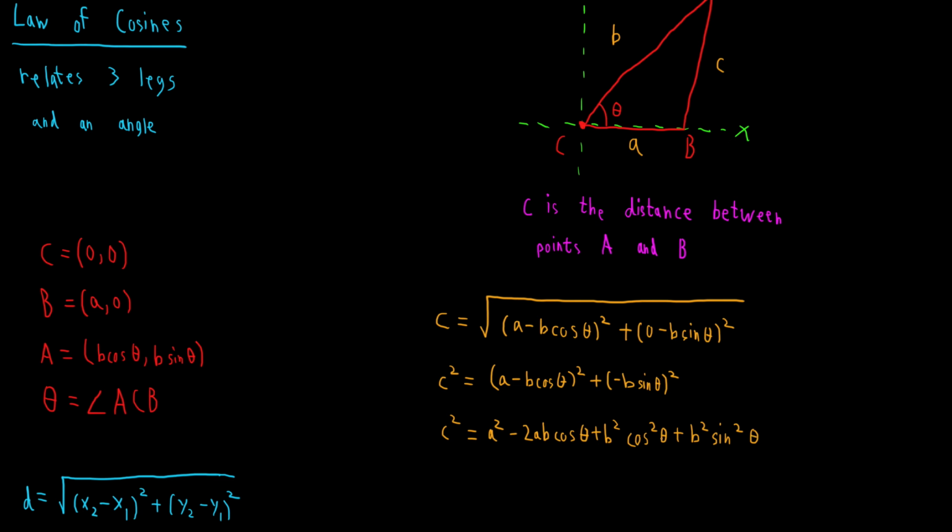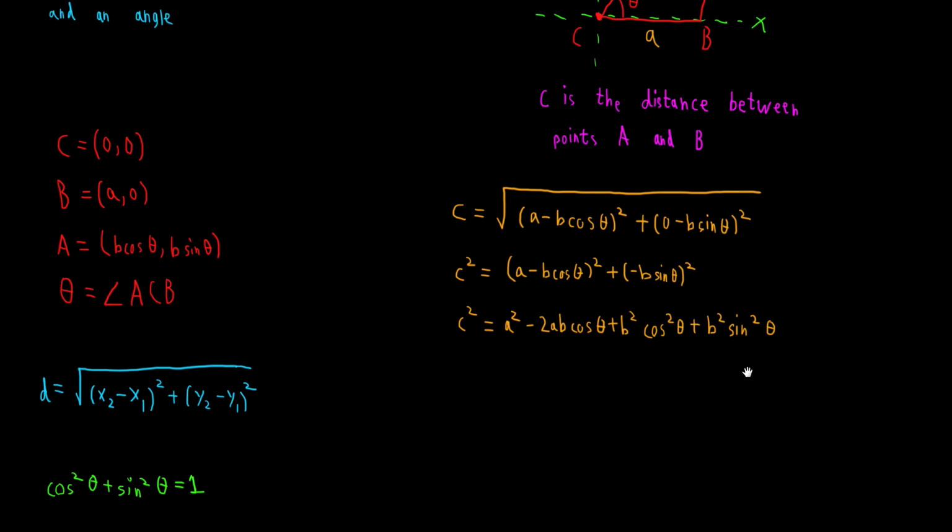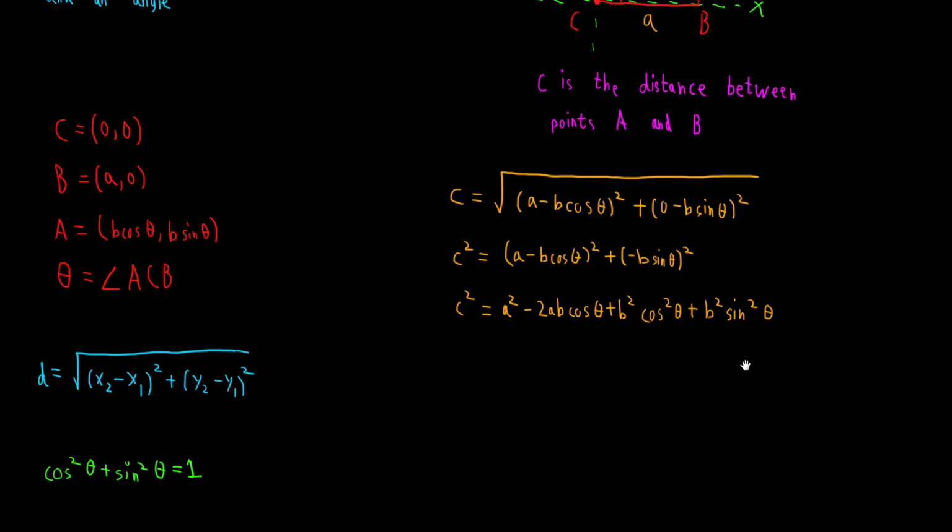Well, this looks familiar. We have a cosine squared and a sine squared. Well, this looks like the Pythagorean trigonometric identity. Accordingly, we will factor out B squared from the two terms.